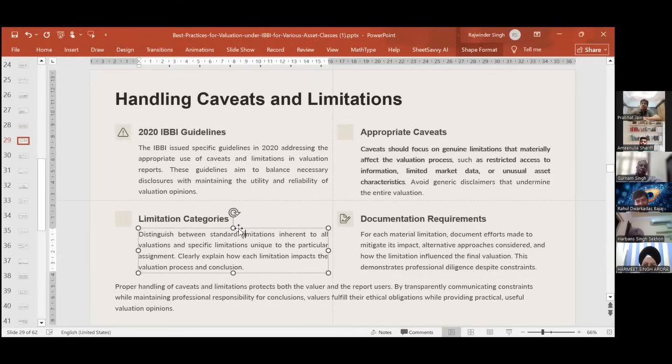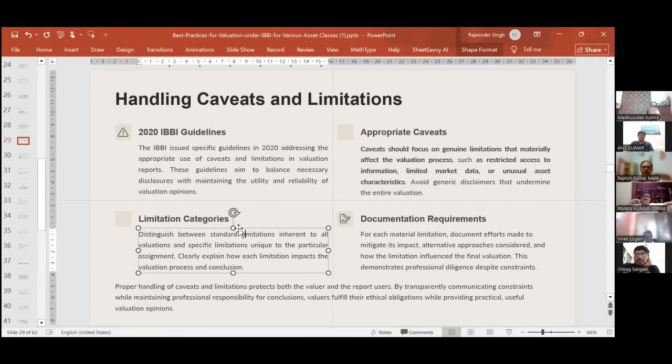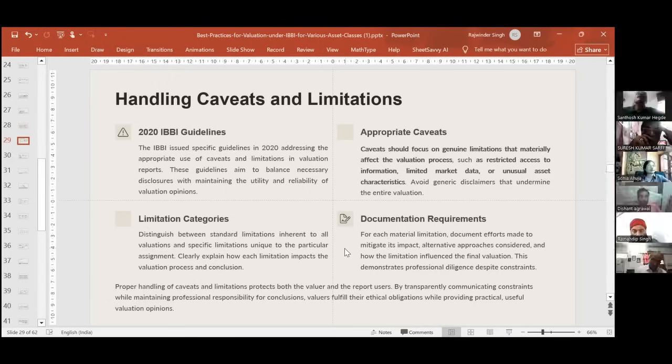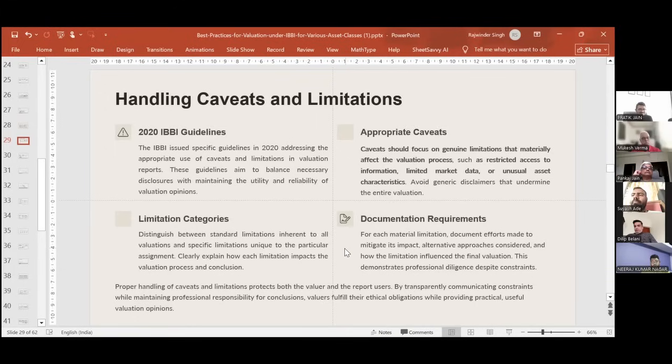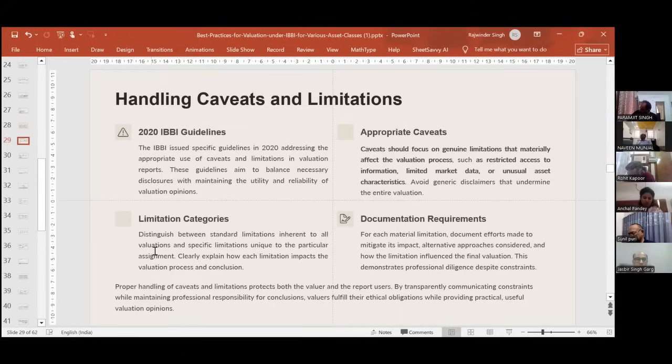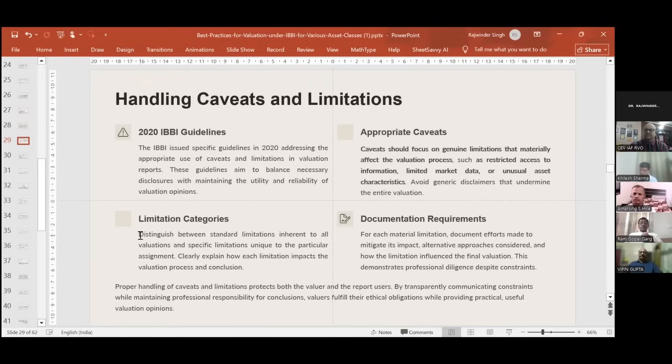So the first thing you must understand is that you should be able to distinguish between standard limitations inherent to all valuations and standard specific limitations unique to a particular assignment.